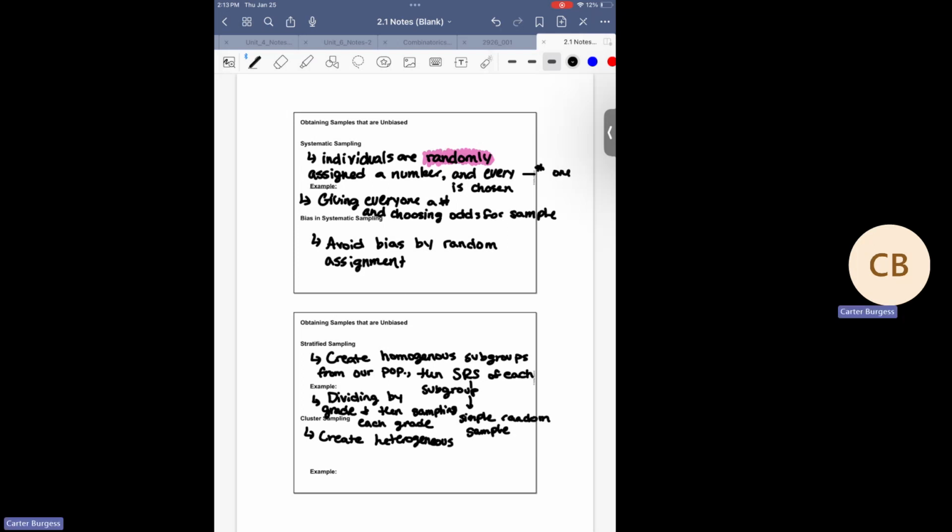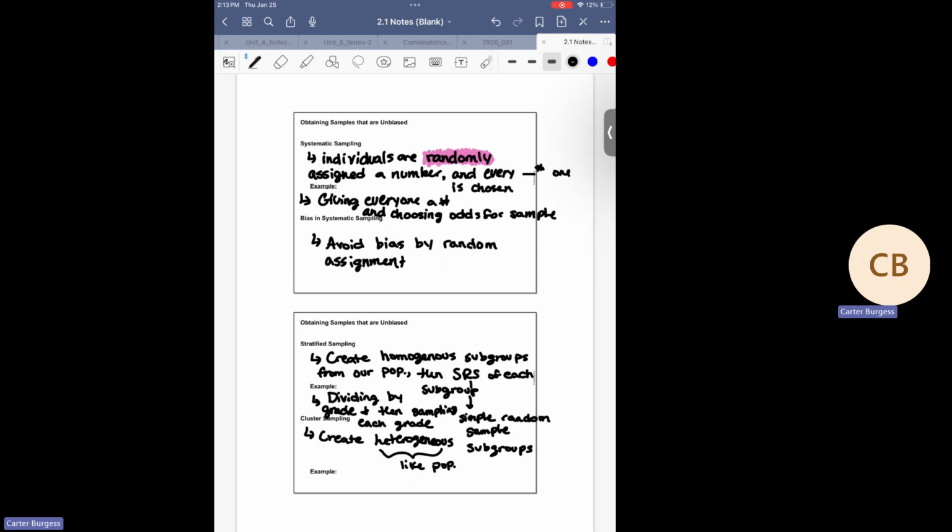These are going to be heterogeneous subgroups, just in that we are not trying to pick out particular individuals. We want each group to be a mini version of the population. Heterogeneous means mixed up and different, but we're going to use it to mean that it's like the population.